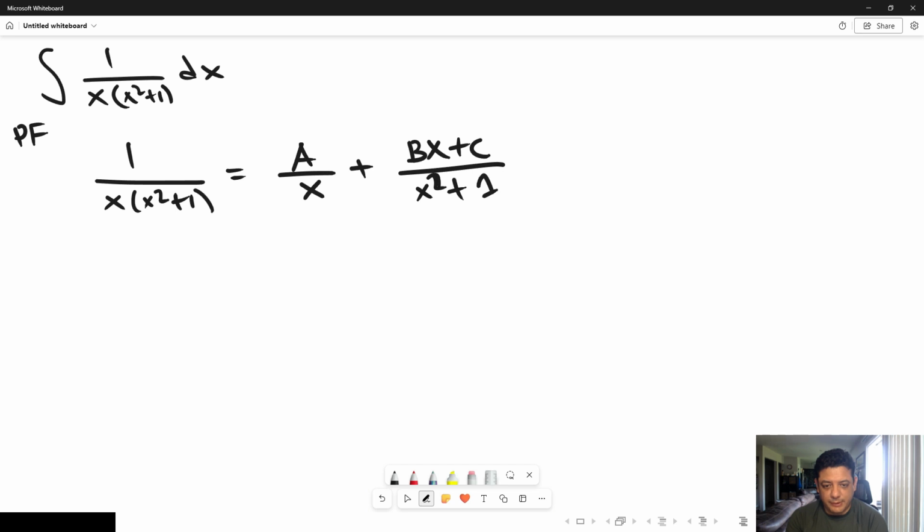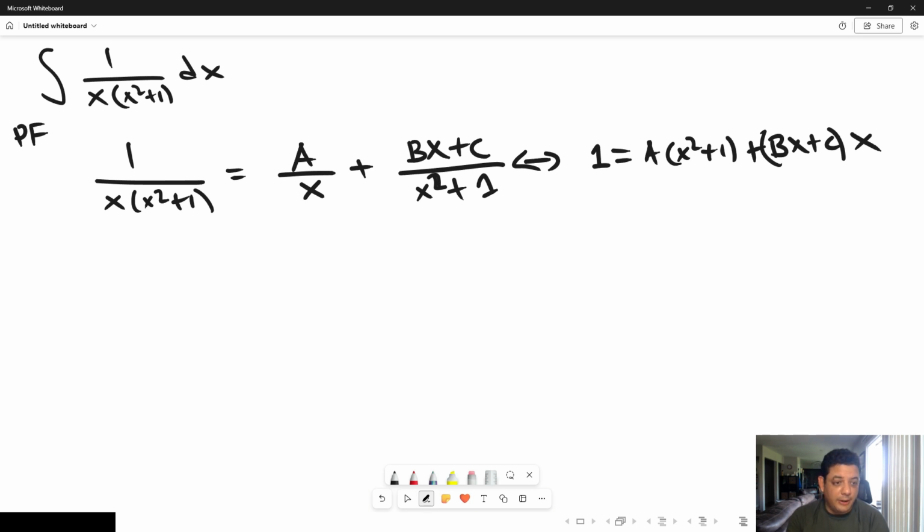Now, once we get to this point, the procedure is exactly the same. We multiply this to the other side, and we're going to get 1 equals a times x squared plus 1, plus bx plus c times x.